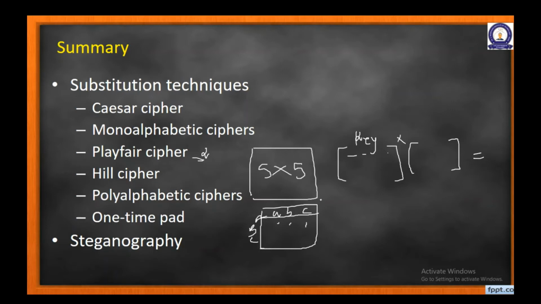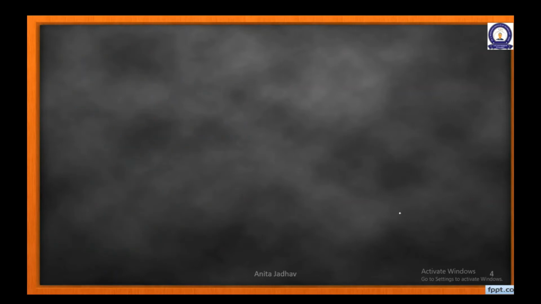It is very public. In steganography, you use techniques like invisible ink, or a message in a paragraph. We have seen I think 2 or 3 examples related to steganography. So I hope all these things are very clear to you, and you are able to recollect whatever has been taught to you in the previous videos.